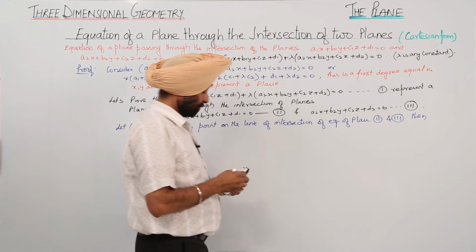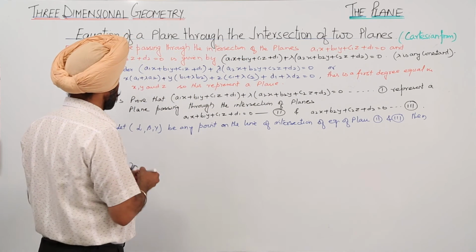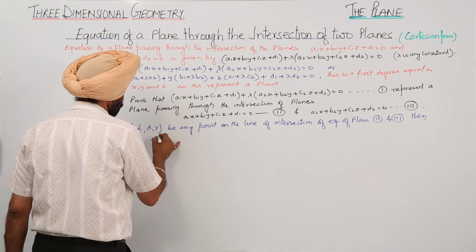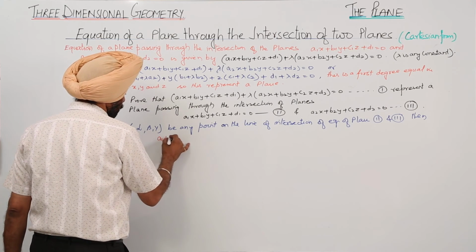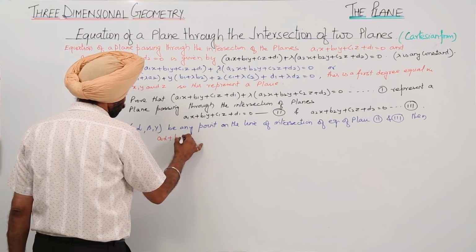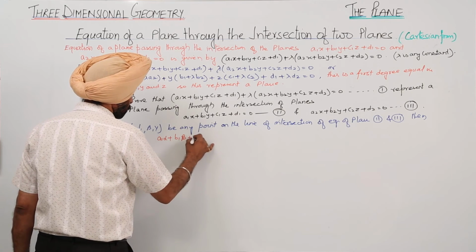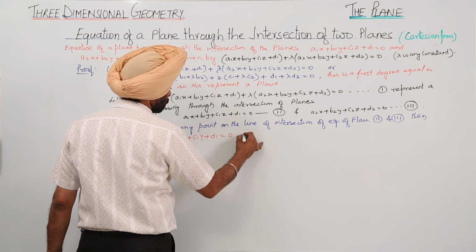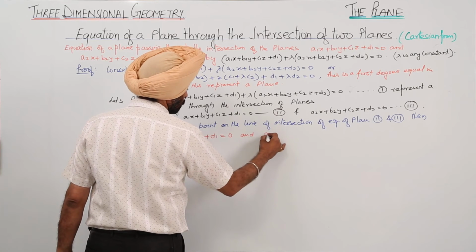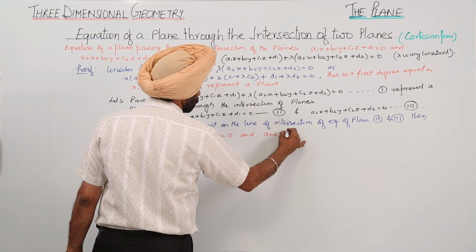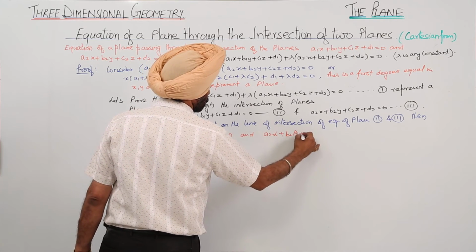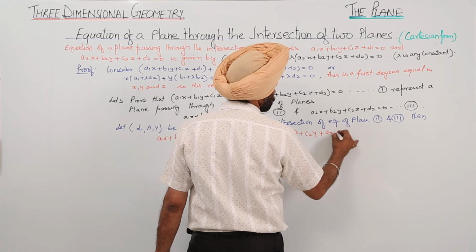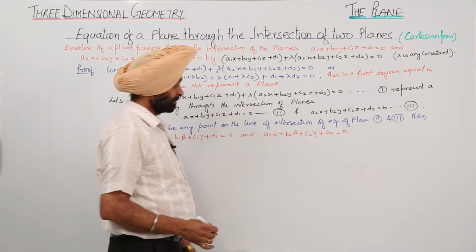then we can write a1 alpha plus b1 beta plus c1 gamma plus d1 is equal to 0, and a2 alpha plus b2 beta plus c2 gamma plus d2 is equal to 0.